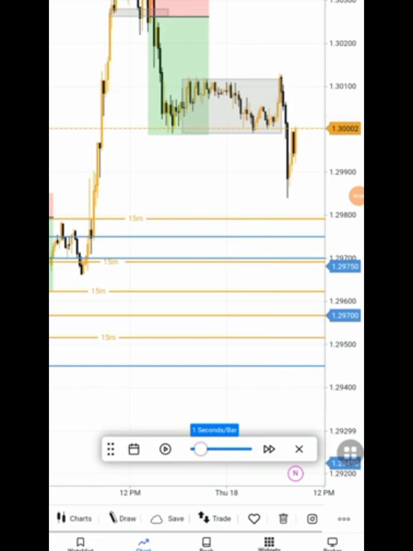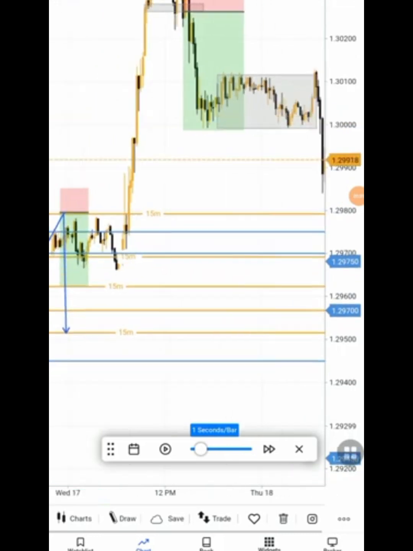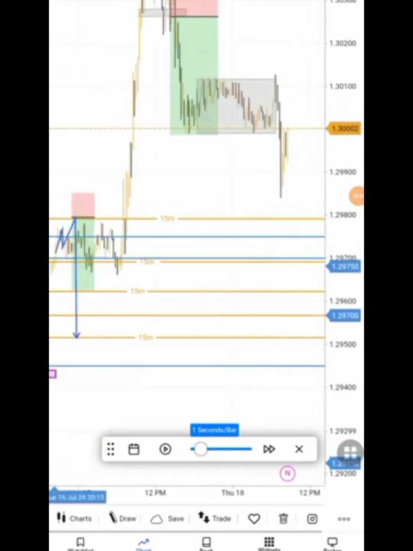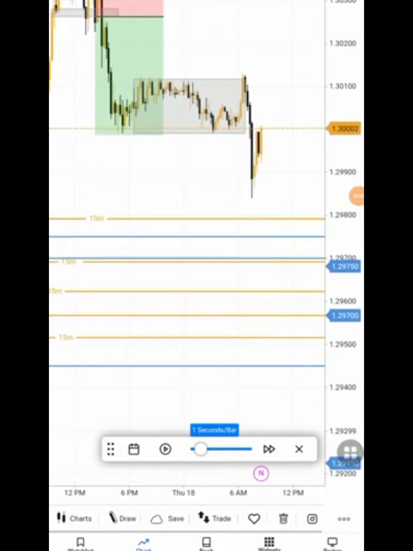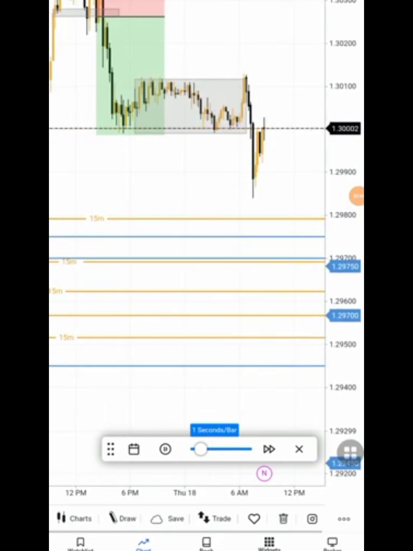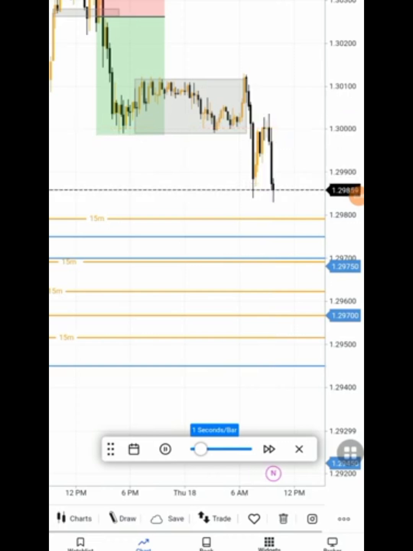That spike, it was very fast. Maybe one can't hold on to this system. It's very risky. See, it goes down.